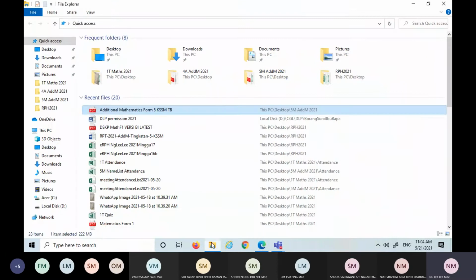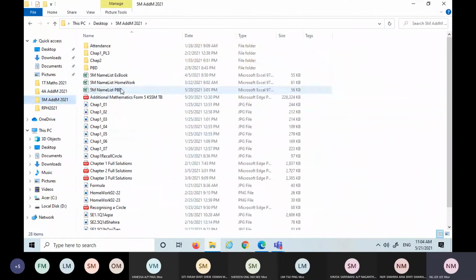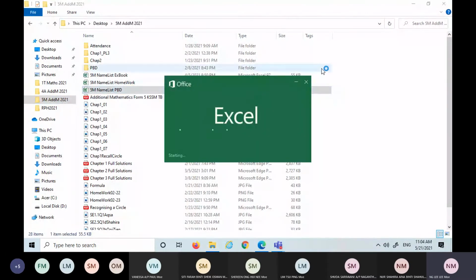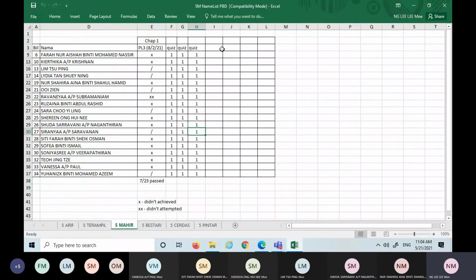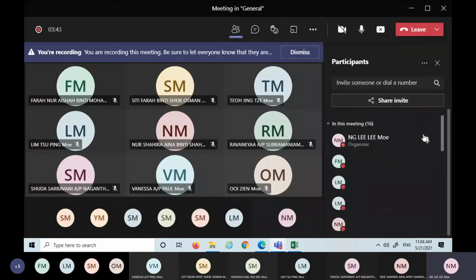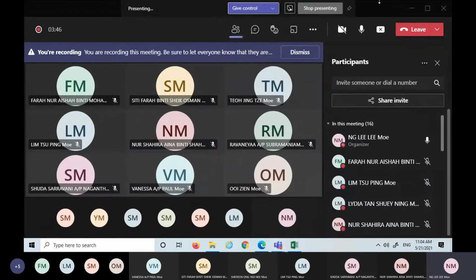I will give marks if anyone can do the questions. You can give B or C, either one. Just type it in: for B, the answer is what?